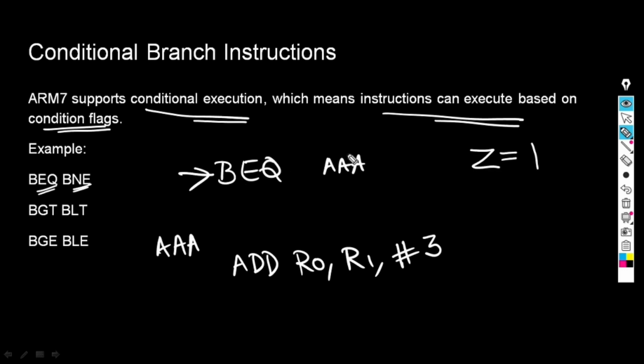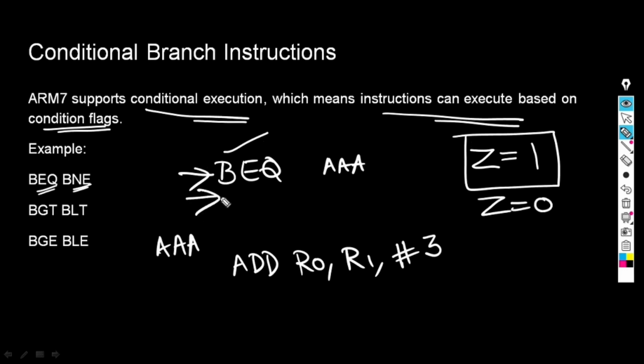What EQ means is check what is stored in Z. If it is equal to 1, this particular condition is true, because of which the branch occurs. If in this situation Z was 0, then the branch won't occur. The next set of codes, they will get executed. But if Z is actually 1, then the branch occurs to this particular label and these set of instructions are executed.